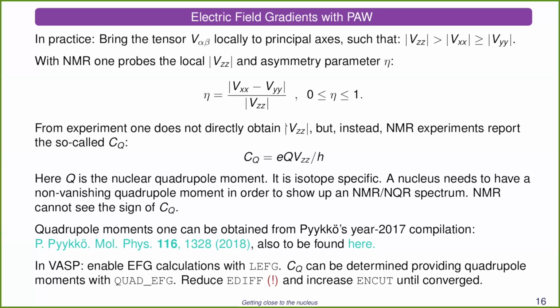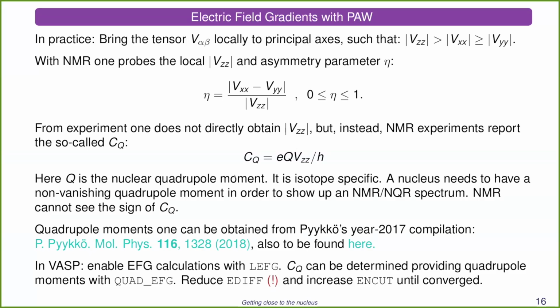And people also don't report this VZZ. They typically report something they call CQ. And CQ is calculated in this way. This is Planck's constant. This is this VZZ, for example, in volt per angstrom squared or something like that. And this thing over here, this e times Q, is the nuclear quadrupole moment. So it's different for each isotope.